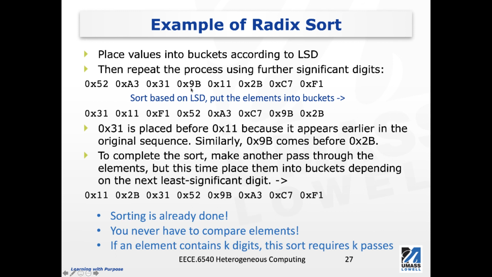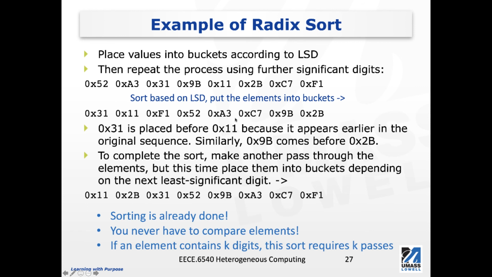So for these 8 numbers, we have hexadecimal numbers 31, 11, and F1. These 3 numbers are put into the first bucket. Then 52 is put into the second bucket, and 3 is put into the third bucket, and so on.